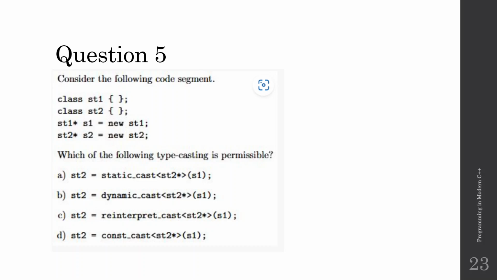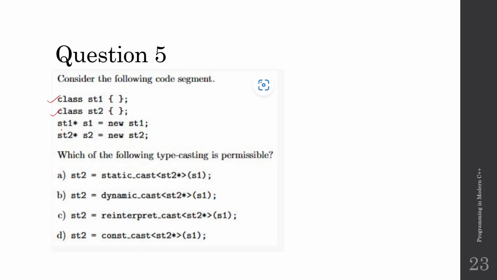Okay, then let's continue. So here we have two classes, st1 and st2. Note that they are not related in any way. They are not inheriting each other. They are unrelated classes.